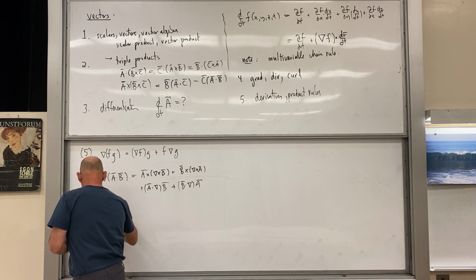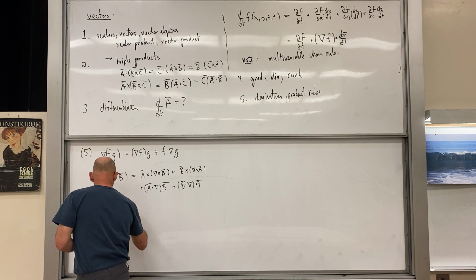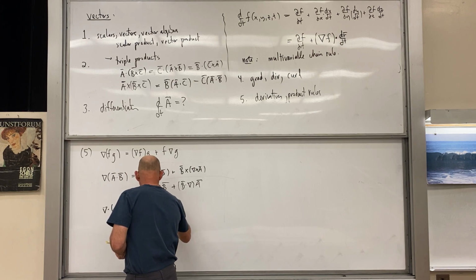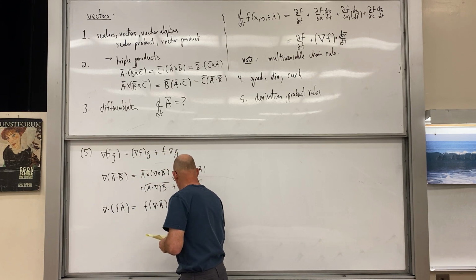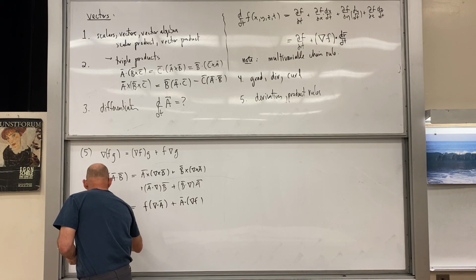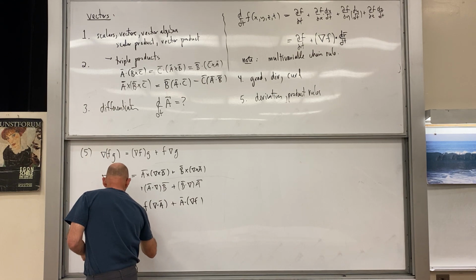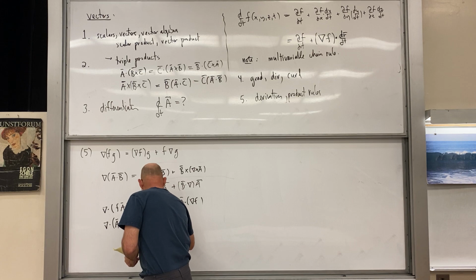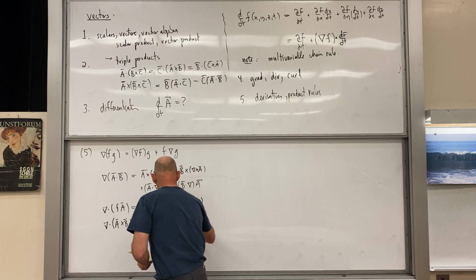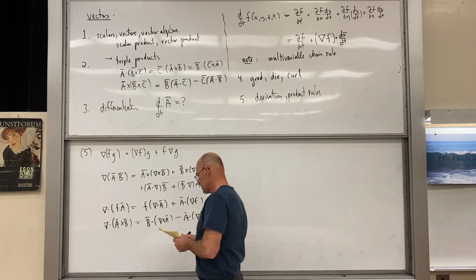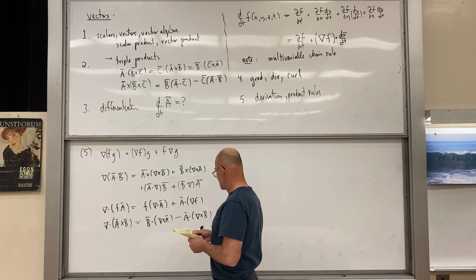The divergence of a scalar times a vector is equal to f divergence of A plus A dot gradient of f. The divergence of A cross B is equal to B dot curl of A minus A dot curl of B. So yeah, you can try these to your heart's content.